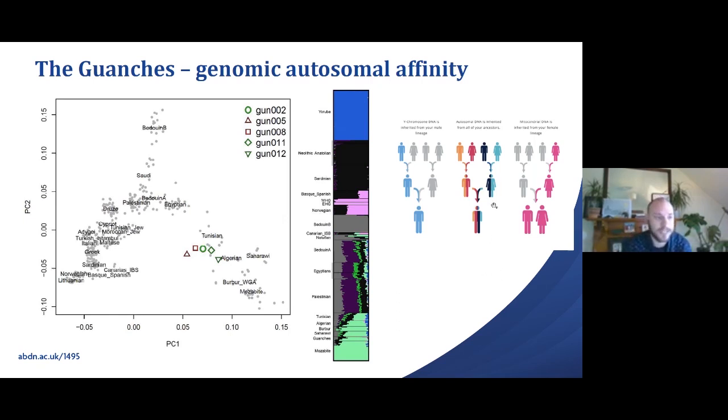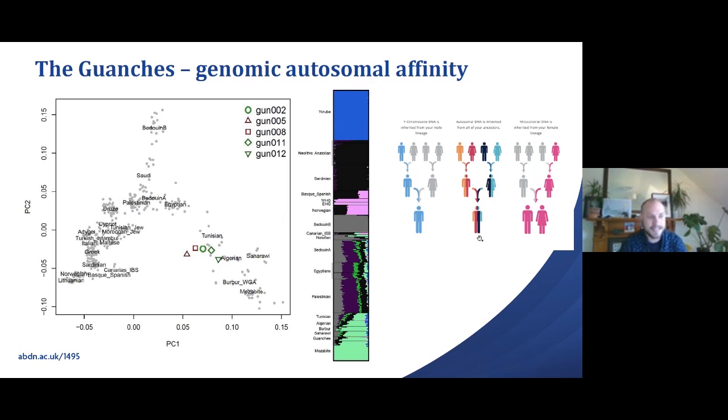It's not a lineage marker per se, but because of processes such as recombination during meiosis and during the formation of gametes, chromosomes are shuffled up in between each generation. So genetic ancestry from several ancestors is captured within the autosomal genome of any given individual.